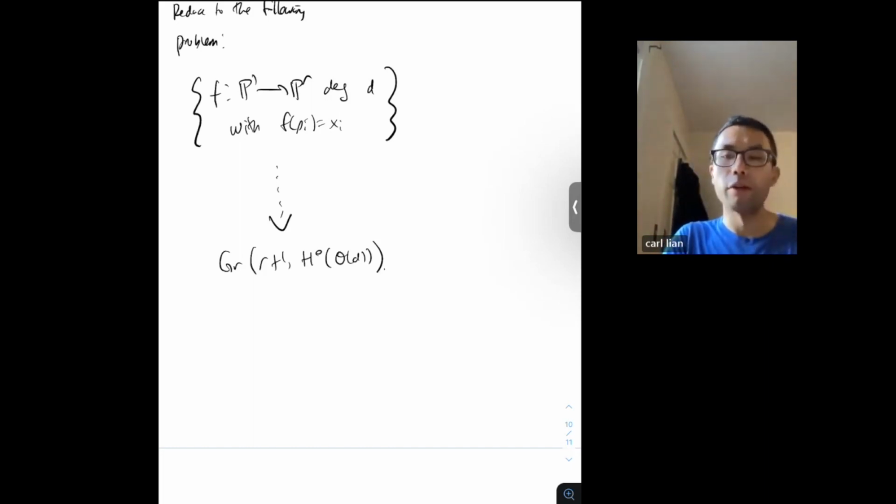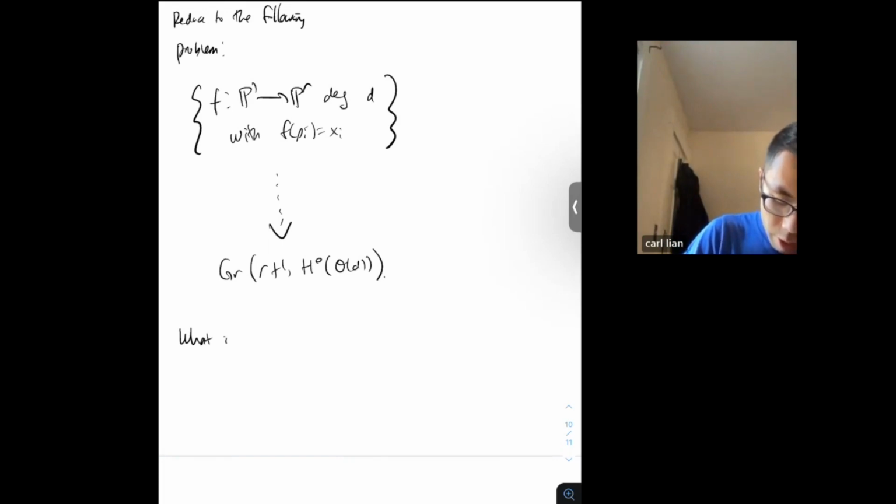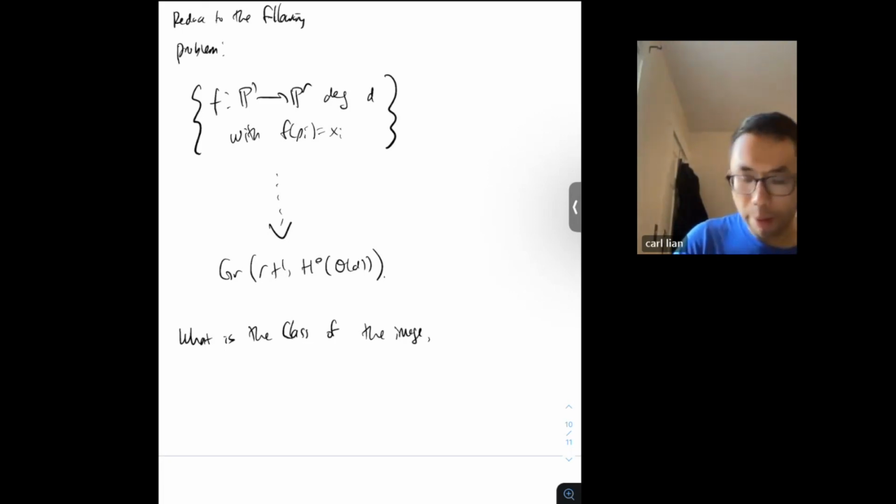So the map is just you take the underlying linear series, if that linear series is non-degenerate. And the question is, well, what is the class of the image, or I guess I should say the closure of the image, which maybe I'll call Y_{R,n,d}, inside the Grassmannian.